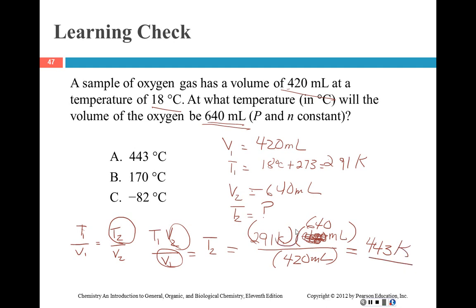Watch your units. Because it wants it in degrees C, I have to say 443 minus 273, which will give me 170 degrees C.